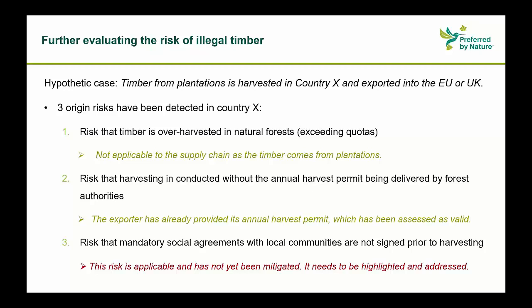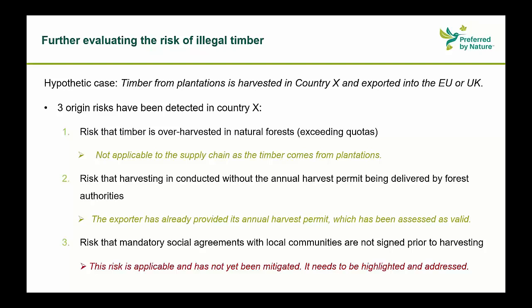So I already have it, and I've done some assessment on the validity and the trustworthiness of this document. I think it's valid. It has stamps. Everything looks fine. So I have confidence in this document. I've already mitigated this risk, right? So it's where things can happen pretty fast. This risk is already mitigated. I can leave it aside.